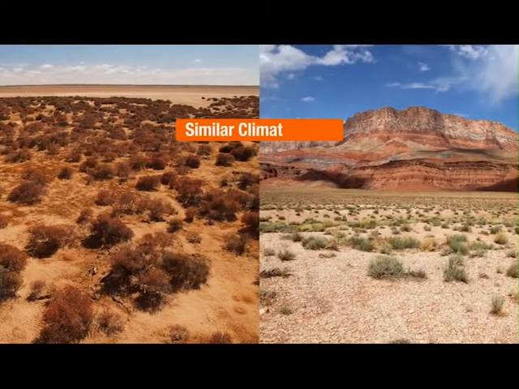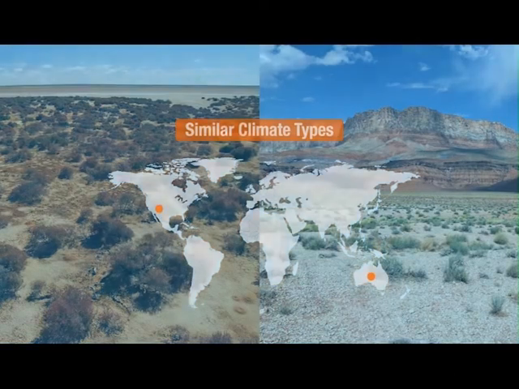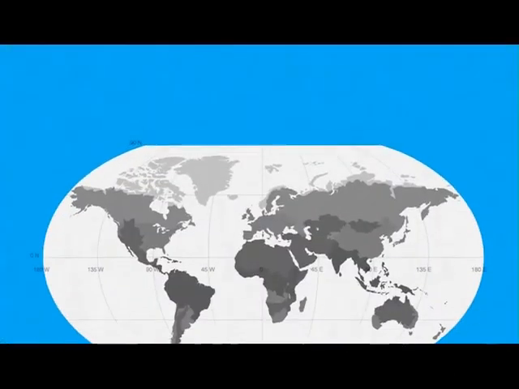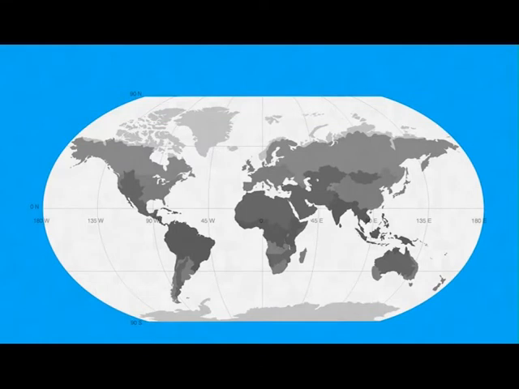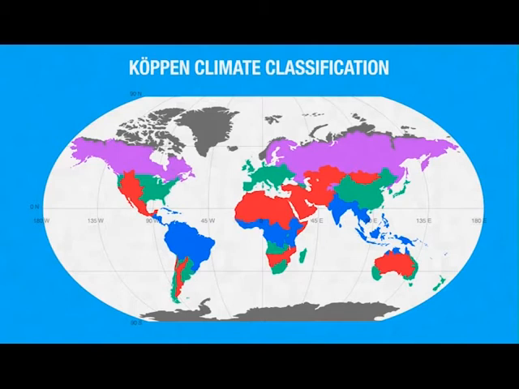However, areas that are thousands of kilometers apart and have unique ecosystems may have similar climate types. One well-known system that categorizes global climate type is called the Koppen climate classification system. According to this system, the world's climates are divided into 4 main types.